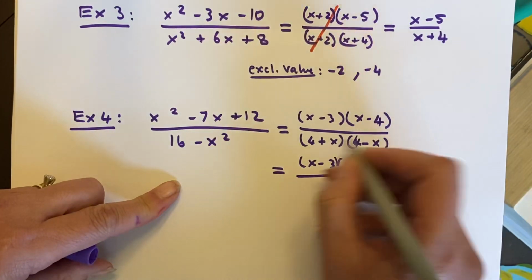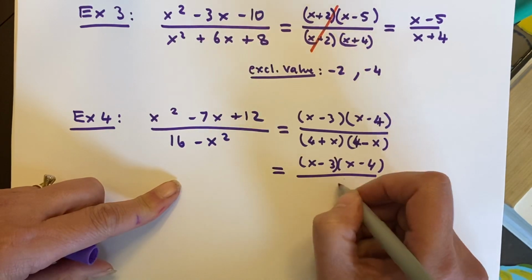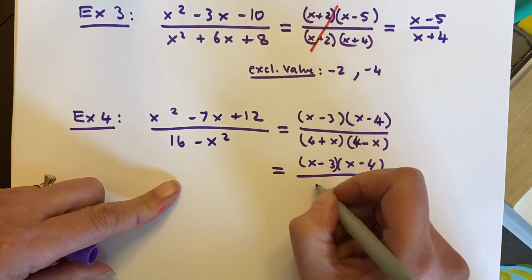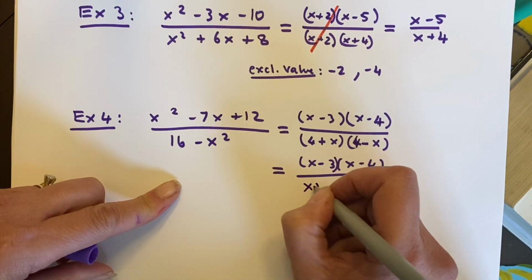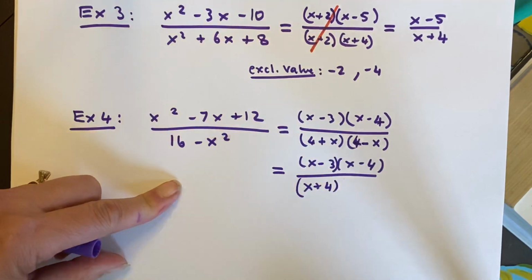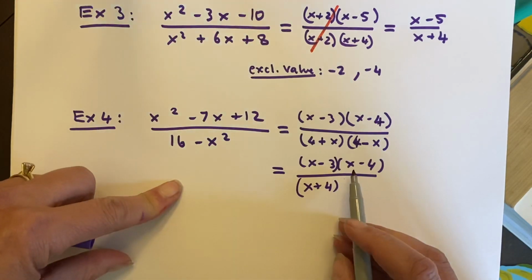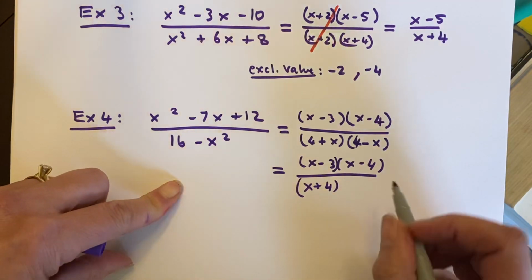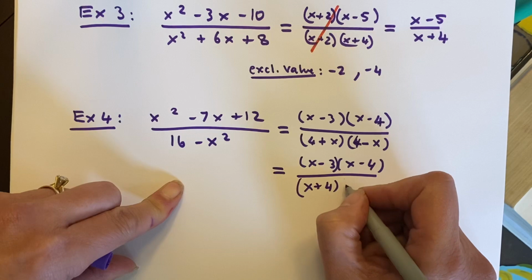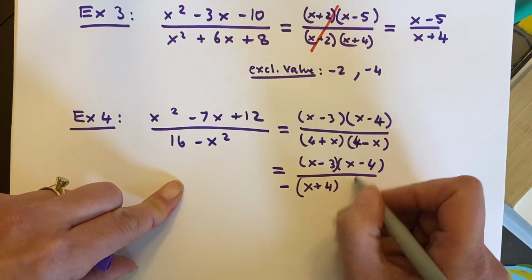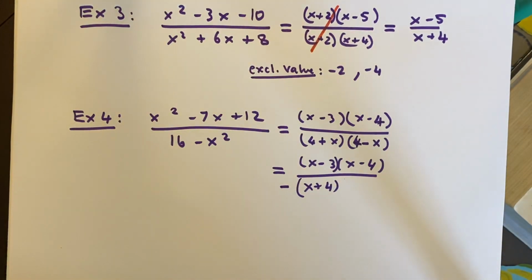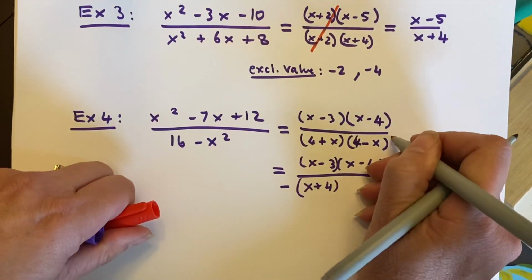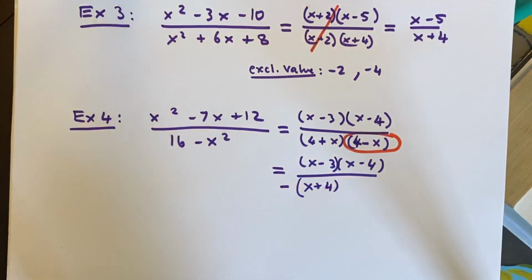I'm going to switch the order and just reverse the order, x plus 4 over here. But here I'm going to factor out a negative number. And that negative I'm going to put up here instead of right in front. And when I factor a -1, and I'm going to just circle what I'm factoring it from just so we're clear.